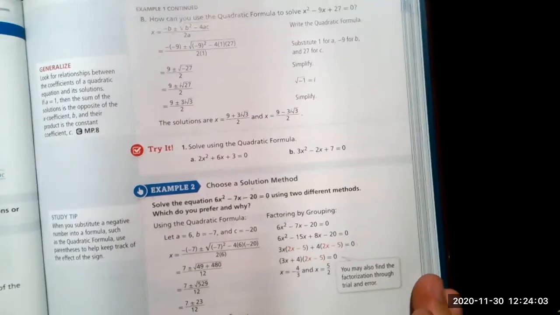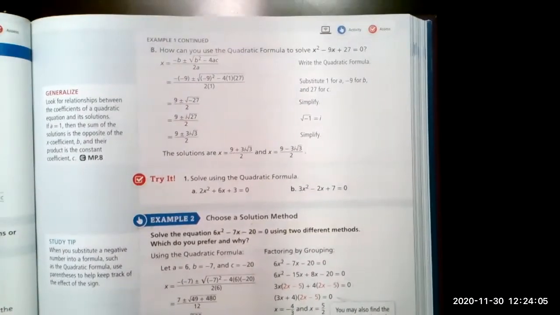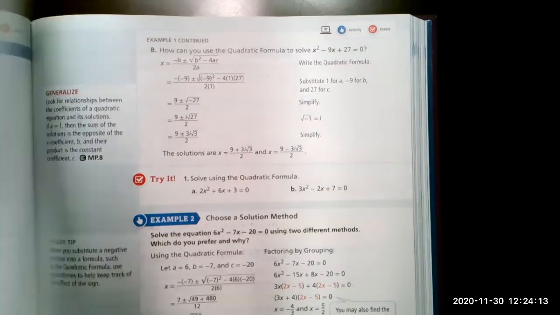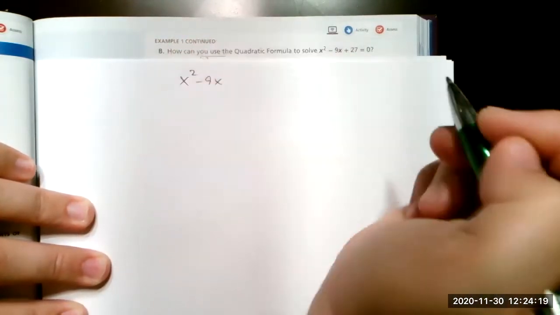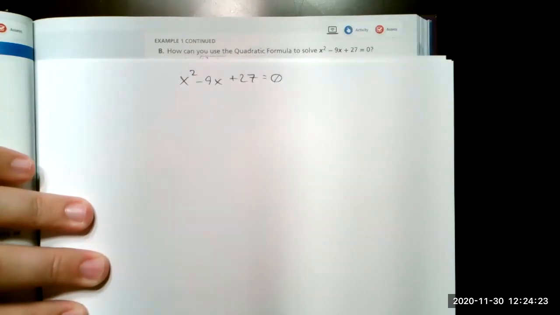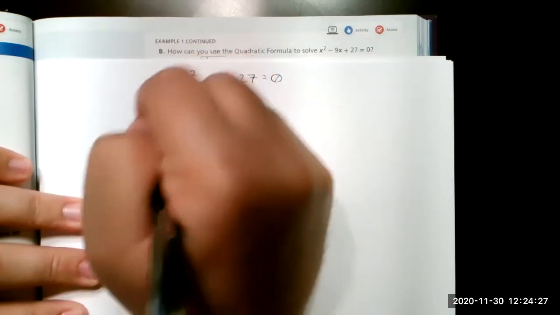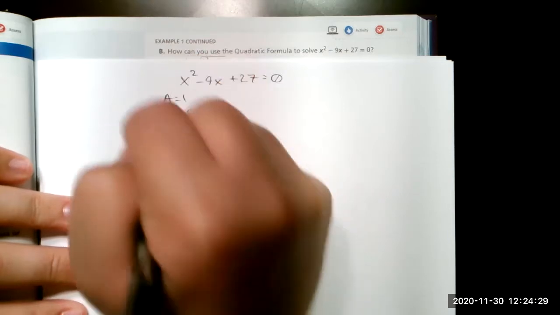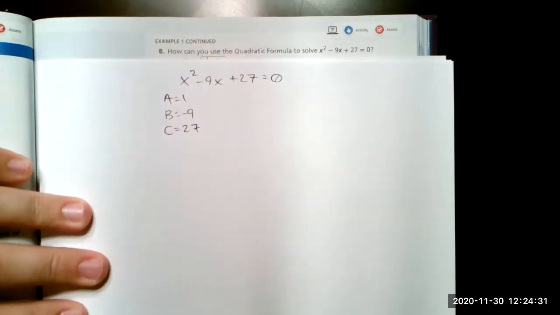All right. And then again, let's try B over here on page 111. So we have x squared minus 9x plus 27 equals 0. So in this case, A is 1, B is negative 9, C is 27.